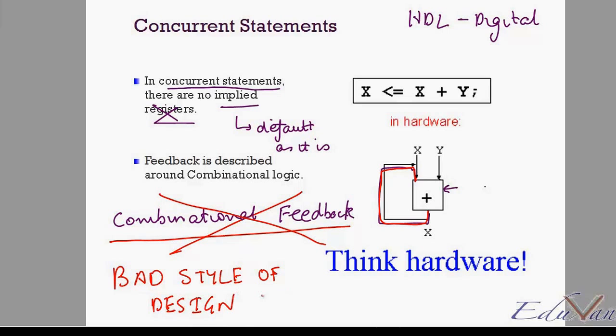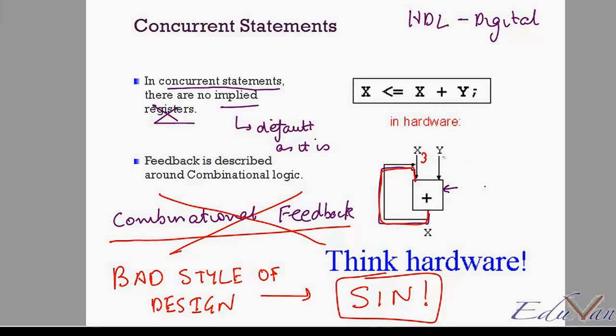And I would go to the extent of saying that it is a sin in hardware design. Do not do combinational feedback where the output of a combinational circuit feeds back into its input.